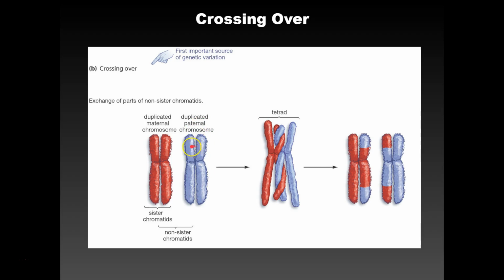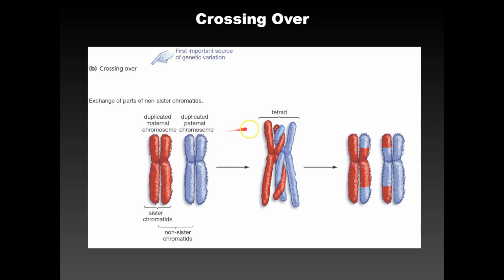So these two blue ones are identical, and these two reds are identical. This red one is not identical to this blue one. They have different genes, like I talked about earlier. You got this blue one from your mom and this red one from your dad, or whichever order. They're not identical to one another, but they're similar. They have some of the similar genes.